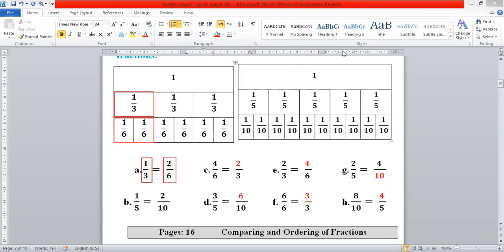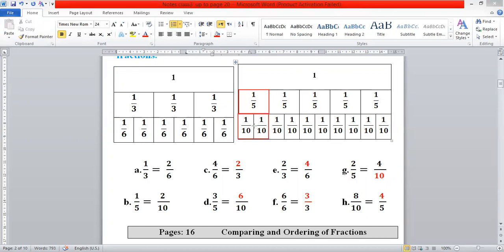So I am going to solve part B. In part B, we have 1 over 5. Look at the second table. This portion is 1 over 5. And if we want to compare fifths with tenths, these two parts, 1 over 10 plus 1 over 10, are equal to 1 over 5.